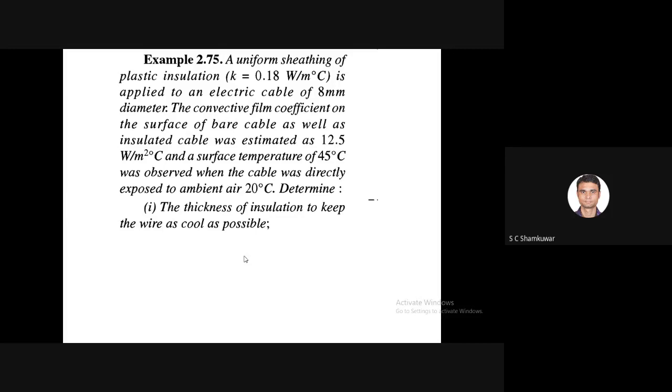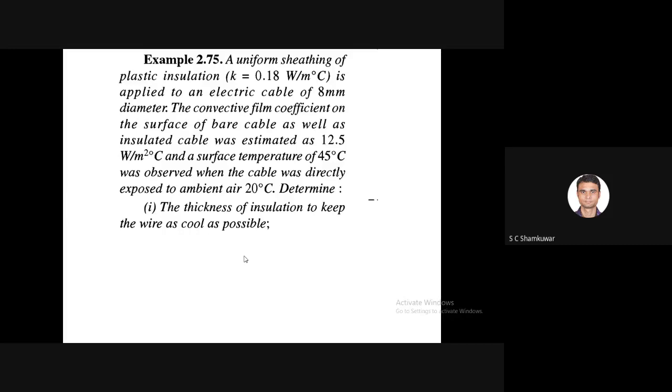To divert your mind. Okay, what is given here? There is plastic insulation given to the electrical cable, which is of diameter 8 mm. Convective heat transfer coefficient is given as 12.5, and the surface temperature is given as 45 degrees Celsius.